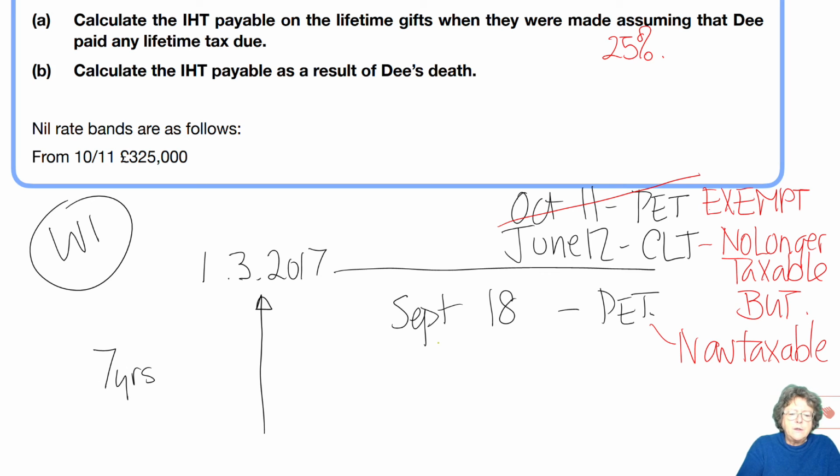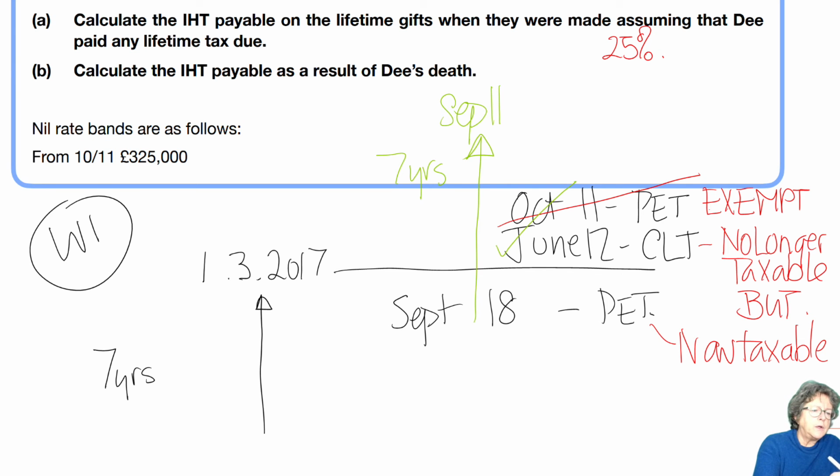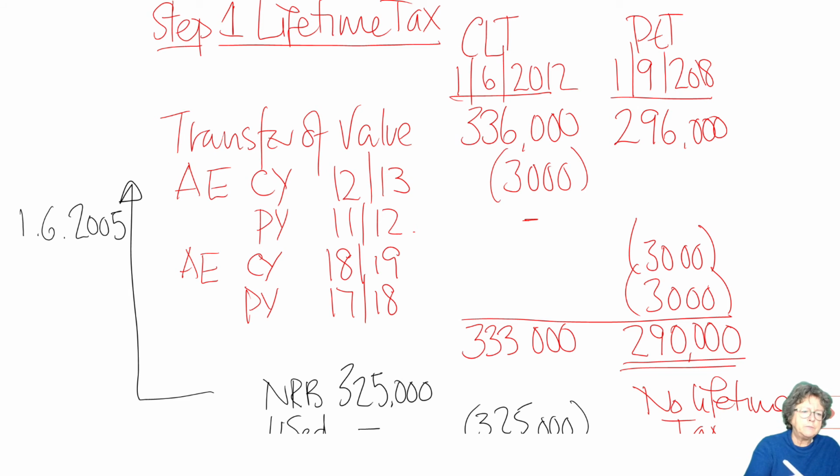When we deal with this PET here, we need to go back 7 years to September 11 to work out if there are any chargeable events that affect this for the nil rate band, and that one does. So let's have a look how that would work in a pro forma.